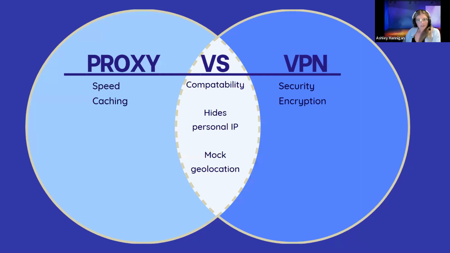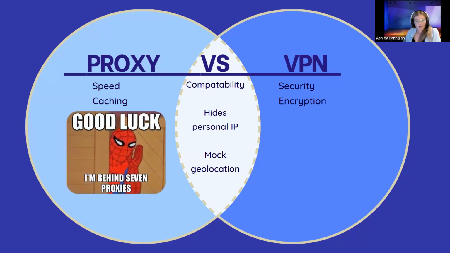Now, if you're following along thus far and you think that proxies sound a little similar to VPNs, that's because they are at a top level functionally pretty similar. However, there are some key differences between the two. So proxies beat VPNs in terms of speed and cost, with another added benefit of a cache available. Both proxies and VPNs are highly compatible and work across all operating systems.